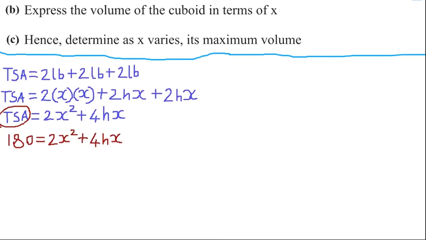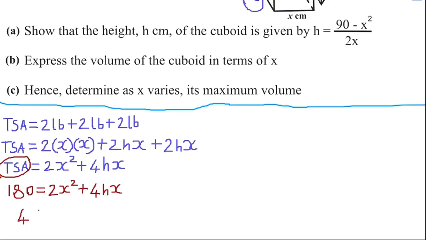Now, according to the statement, it is saying show that the height, h centimeters, of the cuboid is given by h is equal to 90 minus x squared over 2x. So now we have to make h the subject, since according to the statement, they made h the subject.